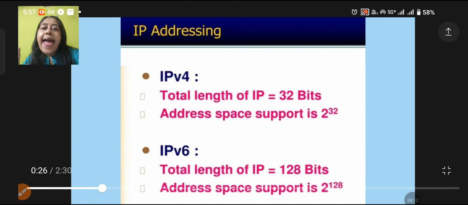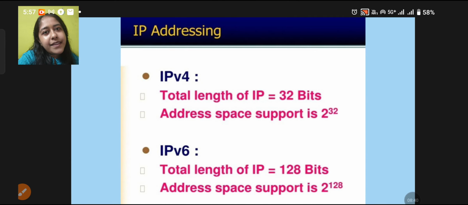The address space for IPv4 is 2 to the power 32, and for IPv6 it is 2 to the power 128. So this is the basic thing about IP addressing.